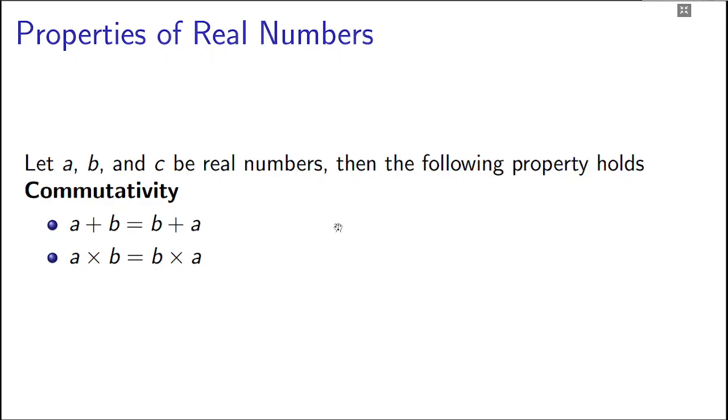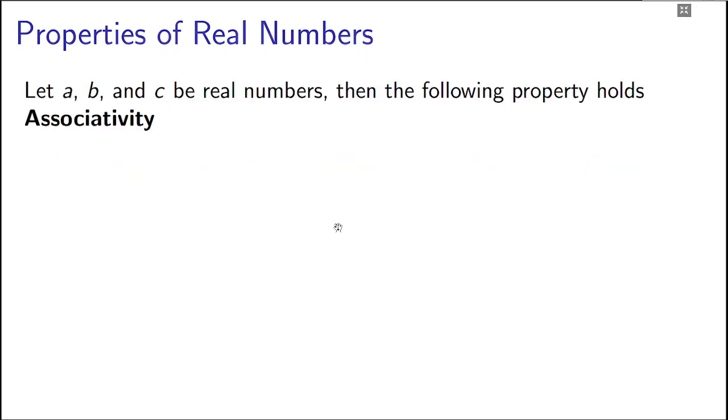So, if you're in a line to pick up your food, or you're on a buffet, then it doesn't matter if you or I get to the front first. We're still going to get our food. So that's commutativity.